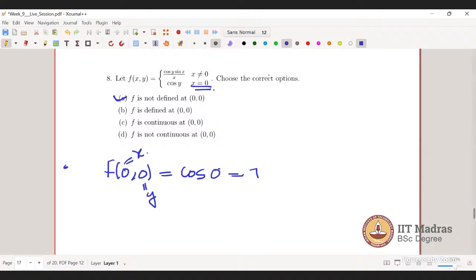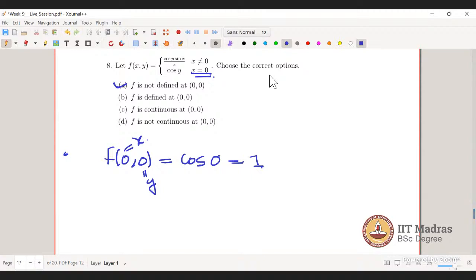So this is 1. So the first option, A, is wrong, and B is correct.